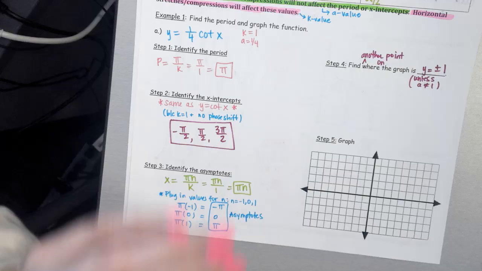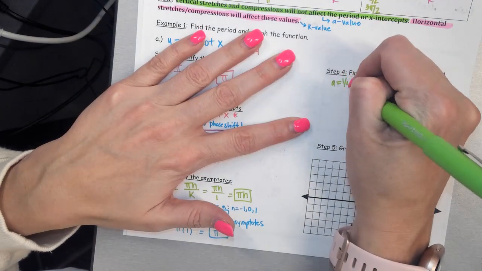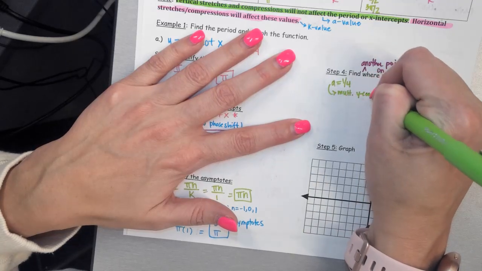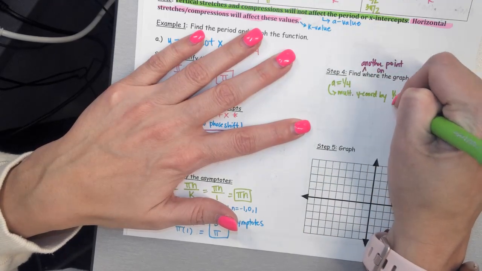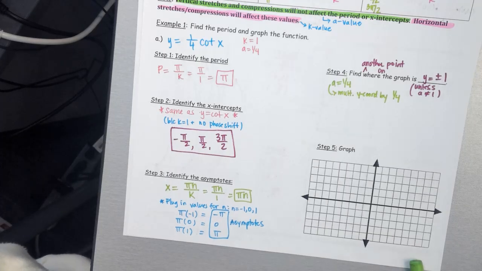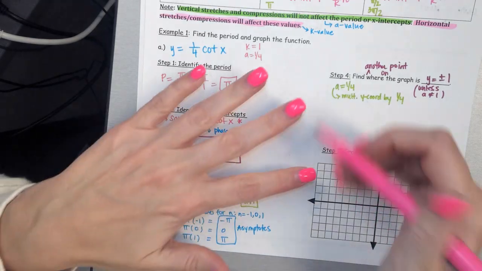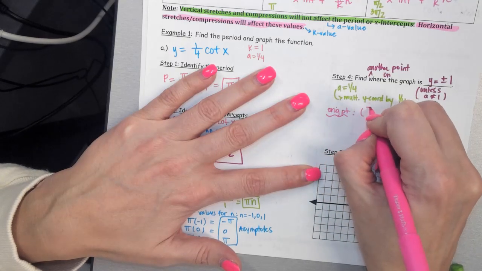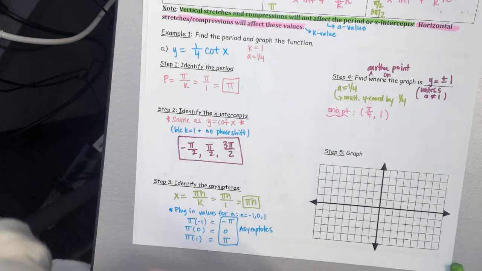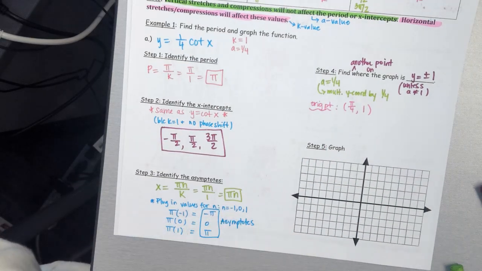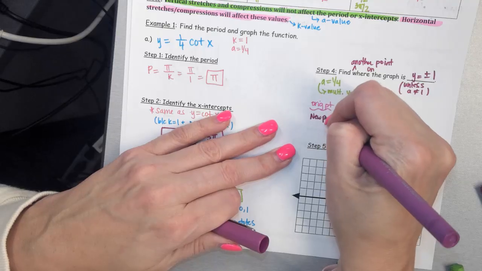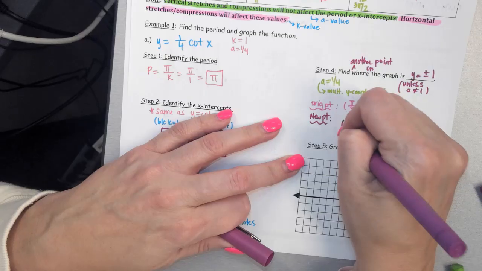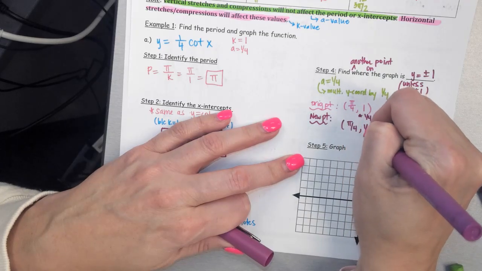Another way you can think of it is if your a value is 1/4, you multiply the y coordinate by 1/4. So your original point is pi over 4, 1. Your new point, you multiply by 1/4, is pi over 4, 1/4.